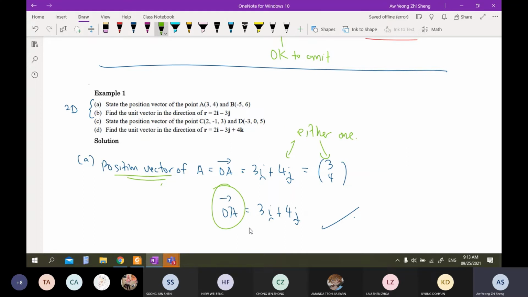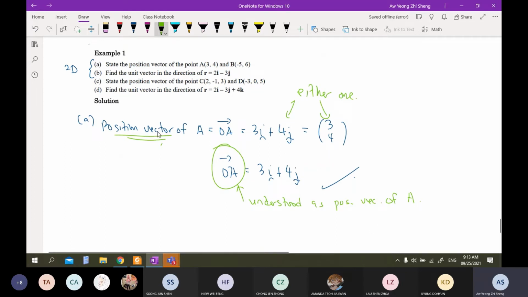Whenever we see OA, it will be understood as the position vector of A. As long as you write vector OA, it will be understood. Still in part A, the position vector of B will be OB, which is minus 5i plus 6j, or in vertical bracket form, (minus 5, 6), and that's it.